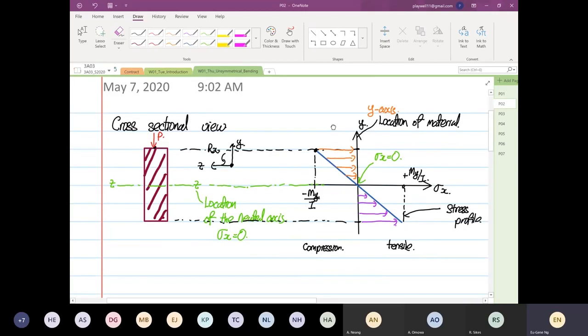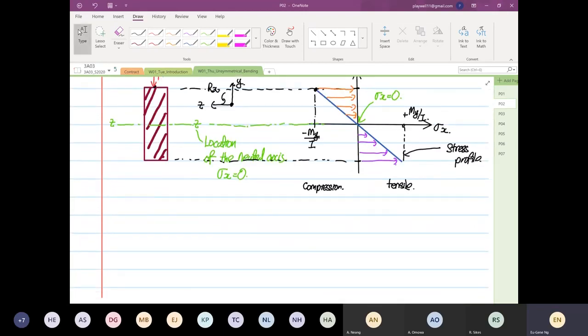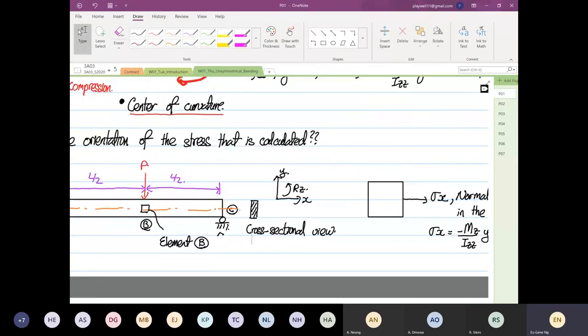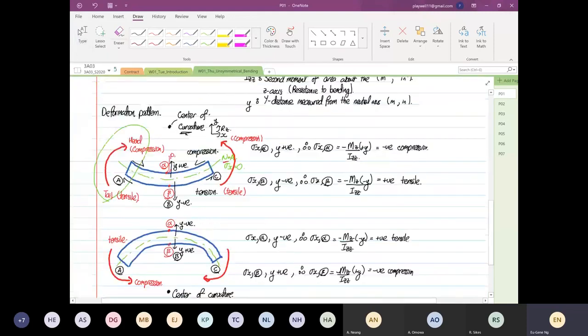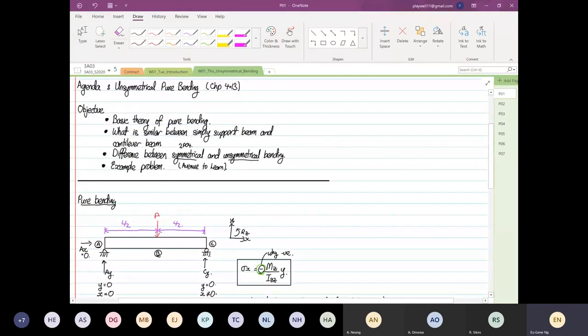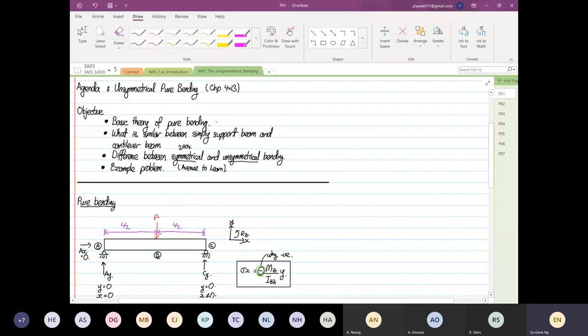So the next thing that I would like to highlight. What we have done so far, based on the agenda objective, is that you guys now know the basic theory of pure bending. The next one is what is similar between a simply supported beam and a cantilever beam, especially when we go into pure bending.